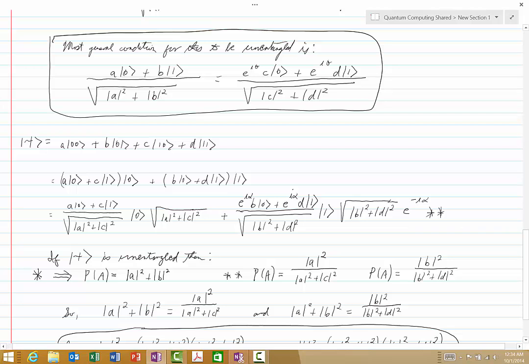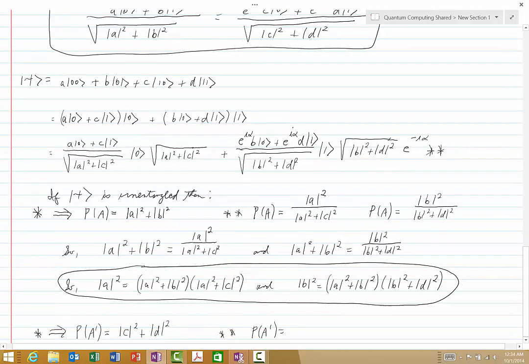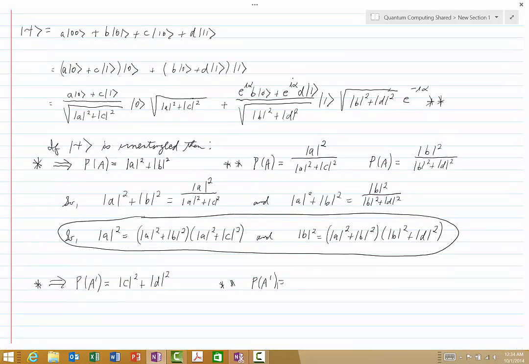And again, remember, we should get the same answer whether we look at this or this, assuming that C is unentangled. So if we look at this expression for the probability that Alice measures 1, we would get magnitude of C squared over the magnitude of A squared plus the magnitude of C squared.